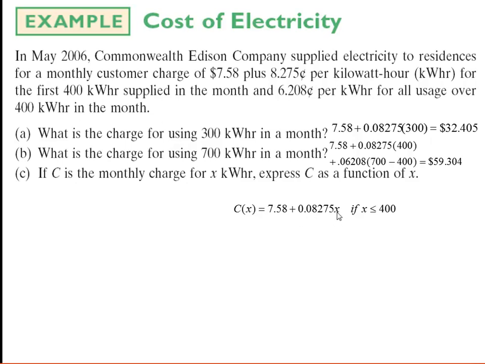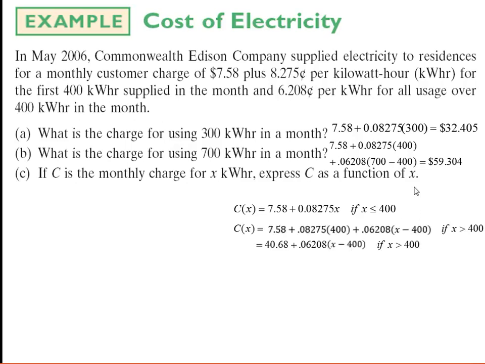Now, if X is more than 400, I have to take this approach. If X is greater than 400, I'm going to take the 7.58 plus the 8 cents for the first 400, and then the 6 cents for the X over 400, just like we did here. Then I multiplied this number out, distributed it, and cleaned it up. Here's what that equation would look like.